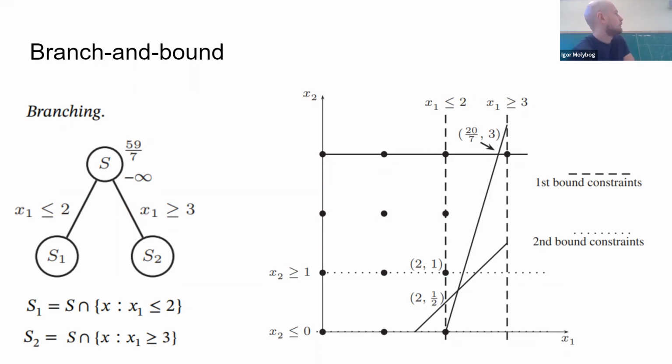Which two constraints you want to add? Why don't we add a constraint on x1 and then solve the problem? The thing is, if you add a constraint that cuts off this entire region, your problem stops being convex, right?